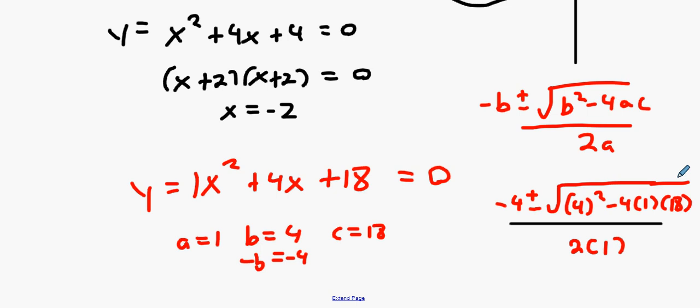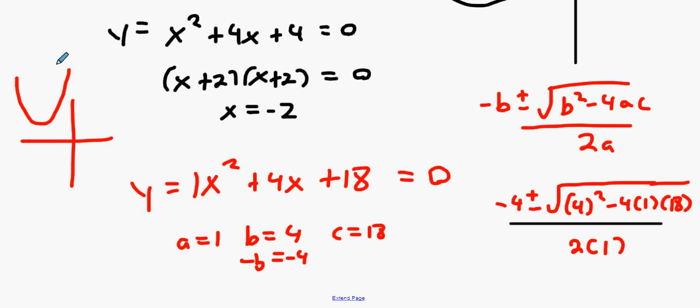Yeah, you didn't make a mistake. You're meant to get a maths error. What does maths error mean? There is no answer. Why is there no answer? Because it doesn't cross the axis.